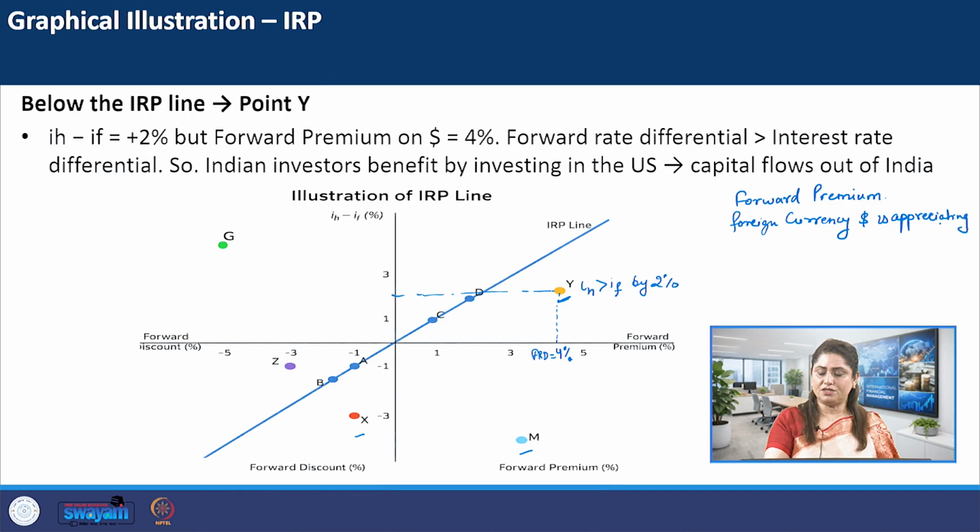And it is appreciating by 4%, while the interest rate in India is greater than the interest rate in USA by 2%. So obviously, the forward rate differential is greater than the interest rate differential. And hence, Indian investors benefit by investing in the US and capital flows out of India to the US.